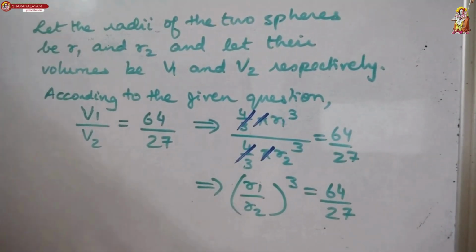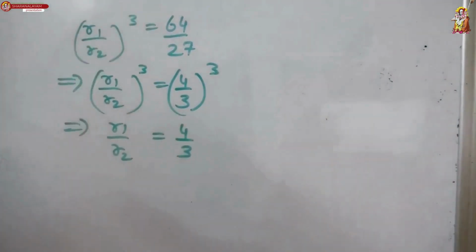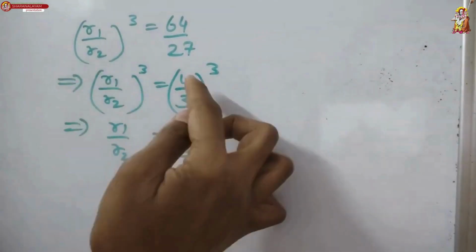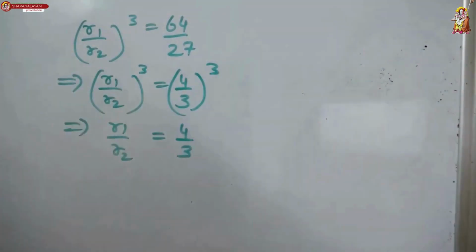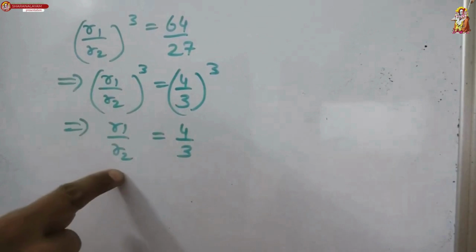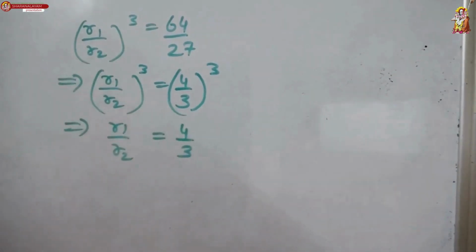Now, R1/R2 the whole cube equals 64/27 implies R1/R2 the whole cube is 4/3 whole cube, because 4 cube is 64 and 3 cube is 27. So, we have R1/R2 equals 4/3, taking the positive cube root of both the sides.